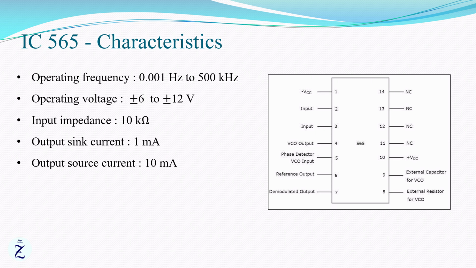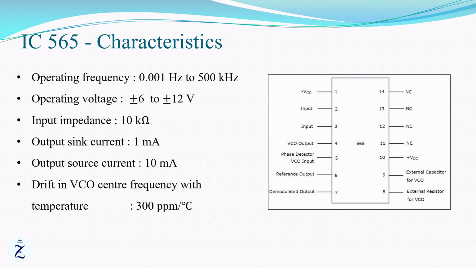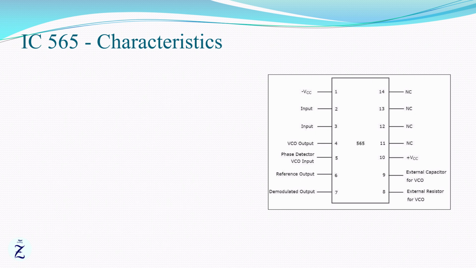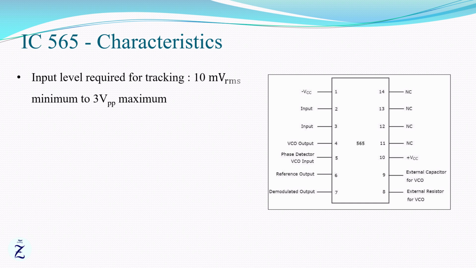There will be a drift in VCO center frequency of 300 ppm per degree Celsius and 1.5% per unit supply voltage. The input voltage level required for the tracking is RMS voltage of minimum 10 mV and maximum of 3 volt peak to peak. And bandwidth adjustment range will be plus or minus 60%.